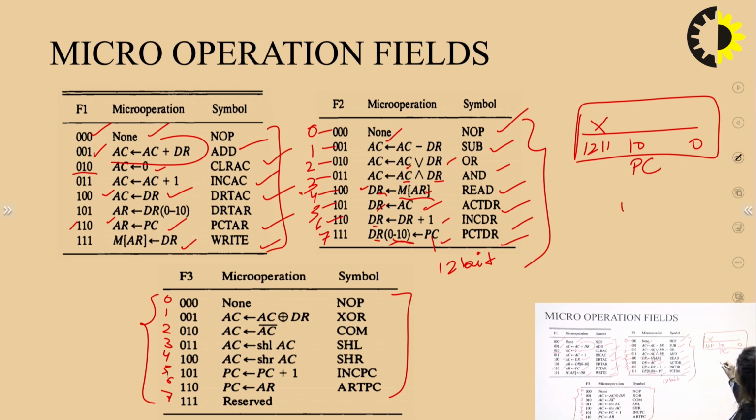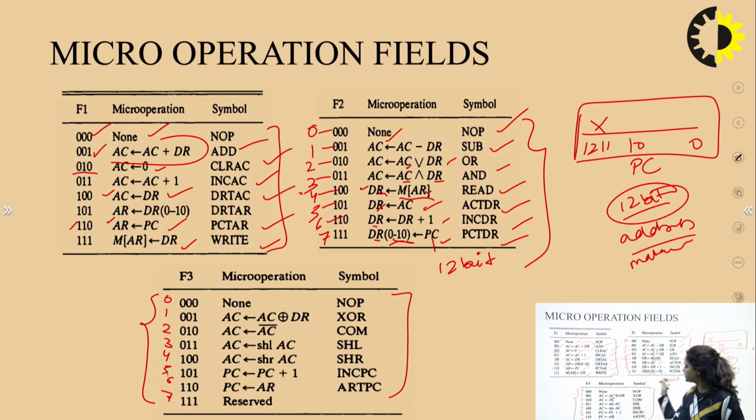As we are considering a 12 bit address in this particular material. So the first low order 10 bits will be transferred, which means the 10 low order bits of the program counter address will be transferred.